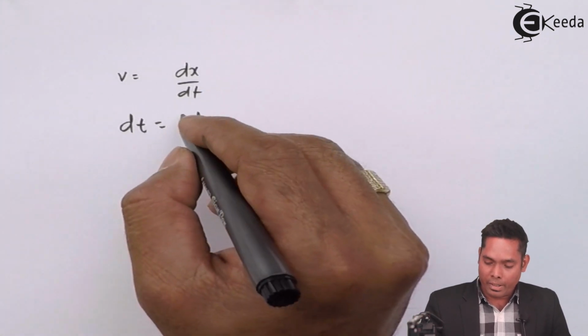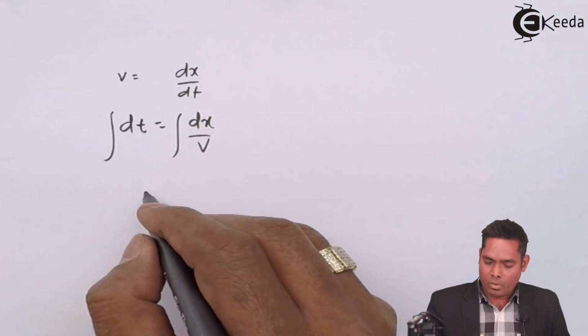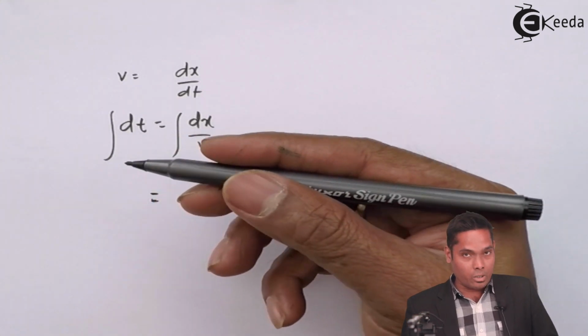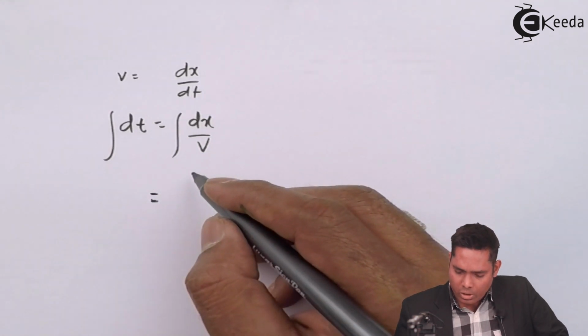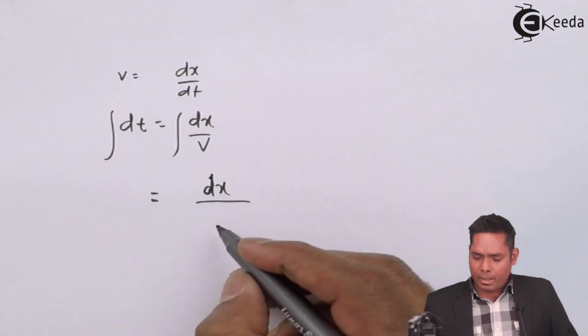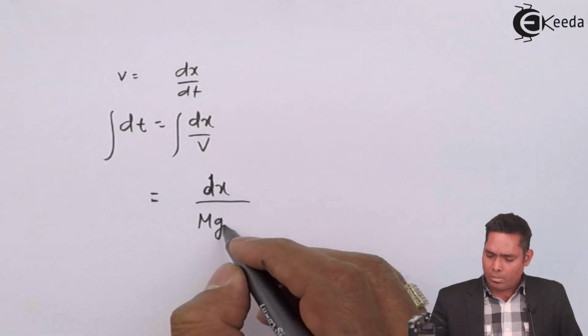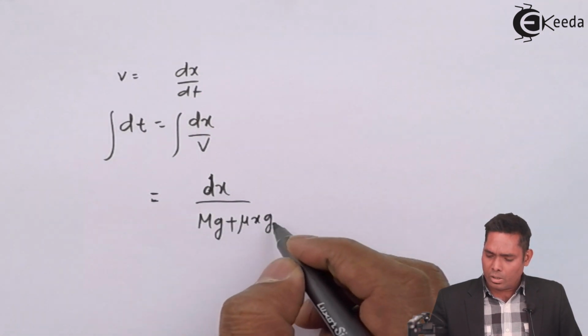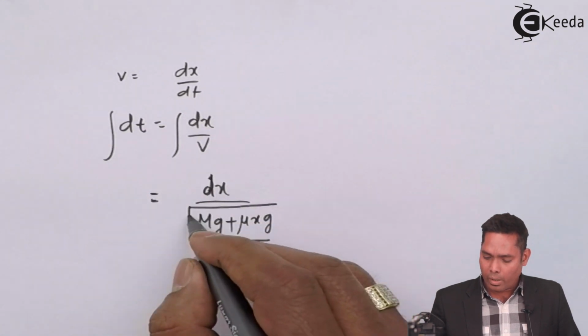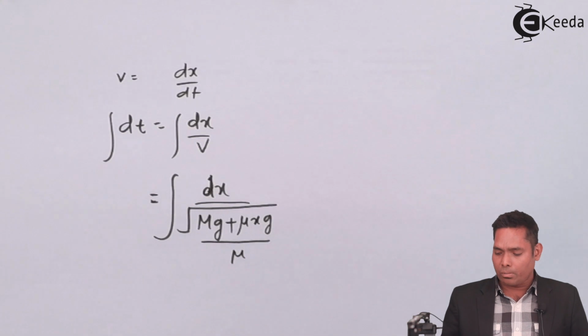So if I integrate this expression, the time I'll get from O to A or A to O is dx divided by the v I'm getting, which is the square root of (mg plus mu xg) divided by mu, and I will take the integration of this.